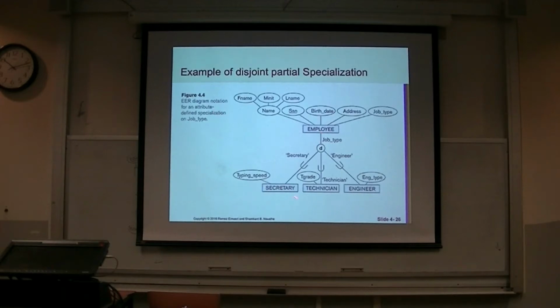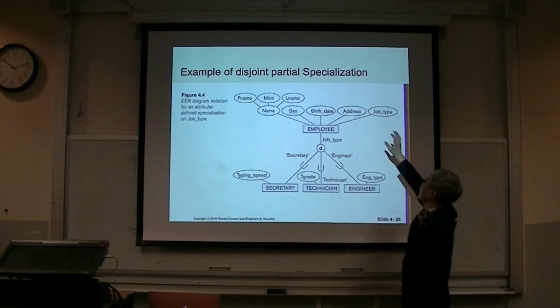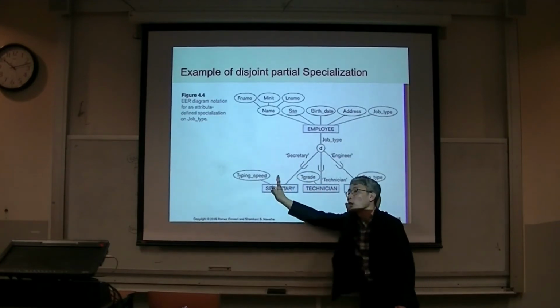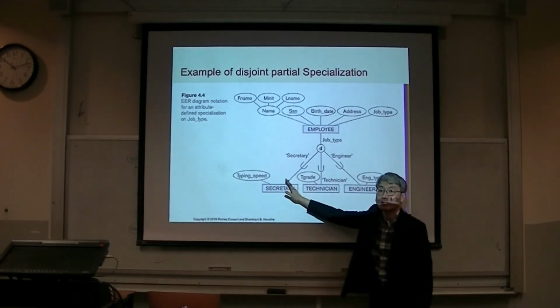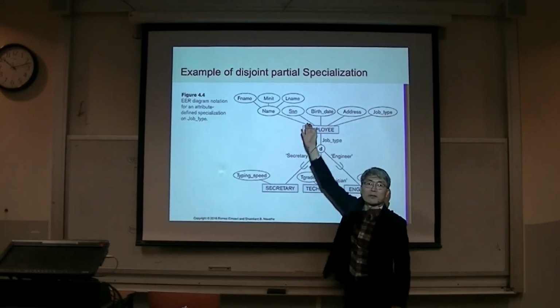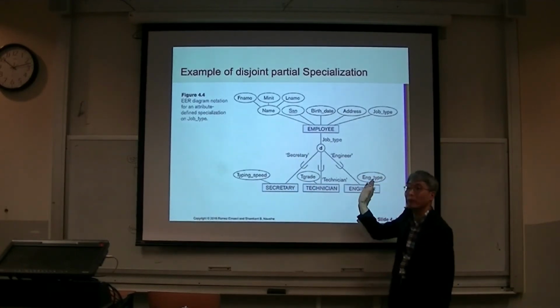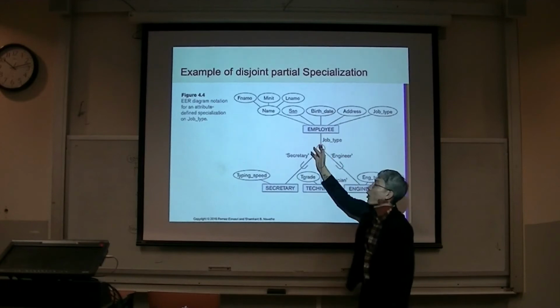So in this case, this is a partial. It's optional, okay? And also this is a disjoint. Meaning there exists an employee who does not belong to any of these, okay? Just a general employee, not secretary, not technician, not engineer. That may be possible in case of optional.